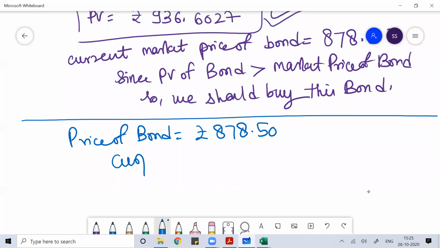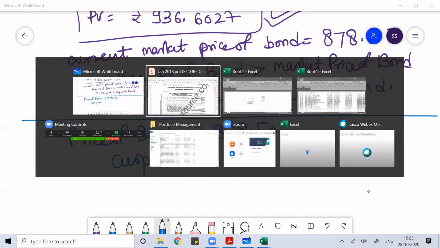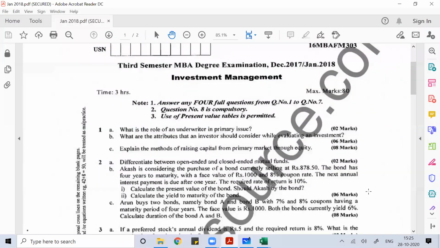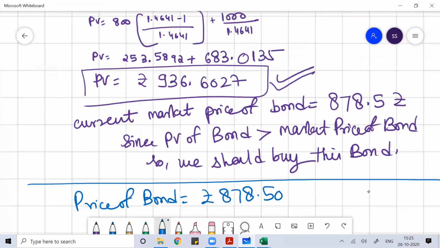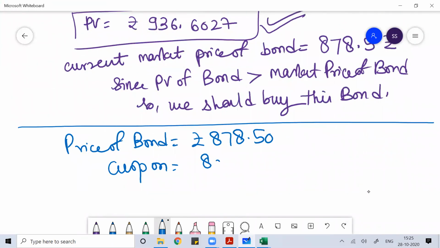Then the coupon is equal to how much? Coupon is 80. Time is 4 years.